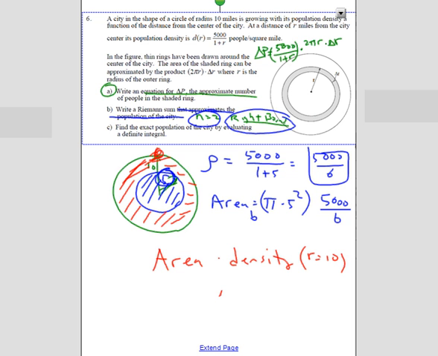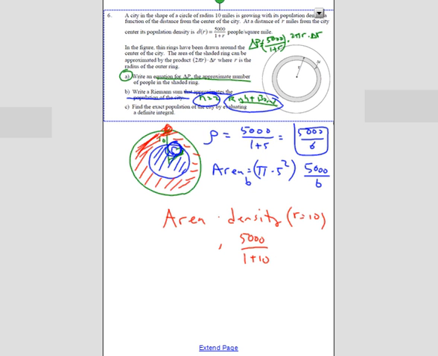So that density would be 5,000 over 1 plus 10. And the area is the area of just the red, so the area would be pi times 10 squared minus pi times 5 squared. So this is the area of the red.